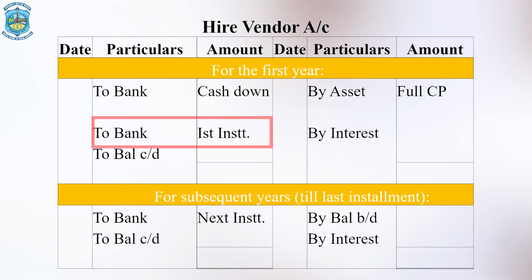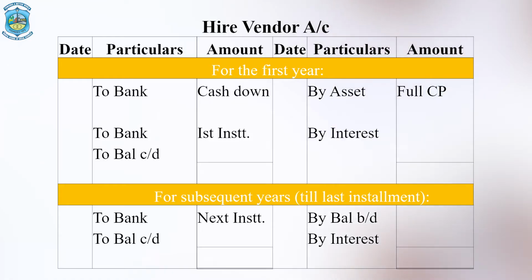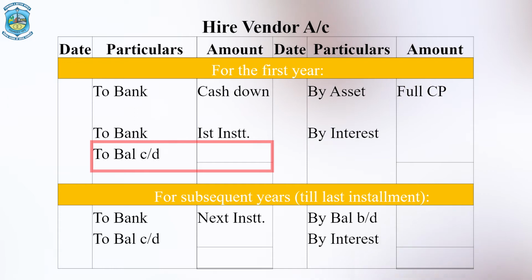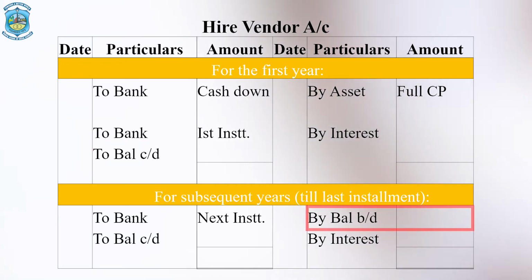In this method, the hire vendor account will not get closed because you have already credited it with the entire cash price, which is yet to be paid. So the outstanding amount will be recorded in the debit side as to balance carried down and will be carried forward to the next year as by balance brought down.